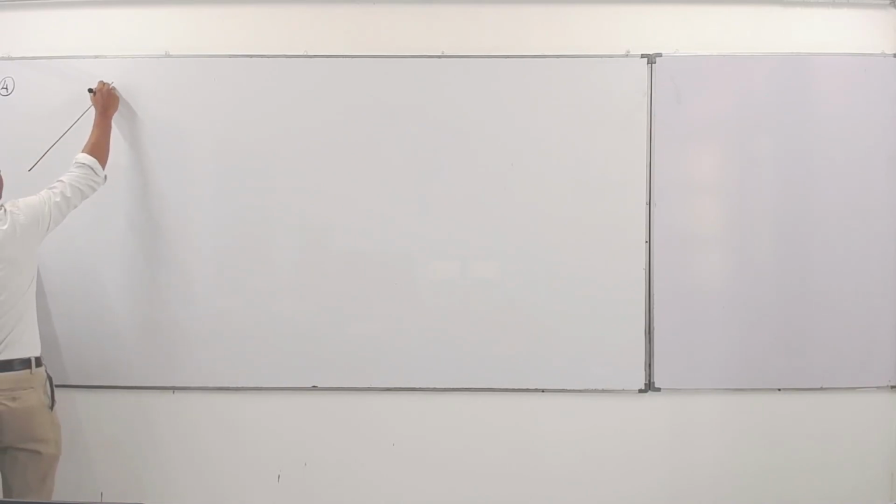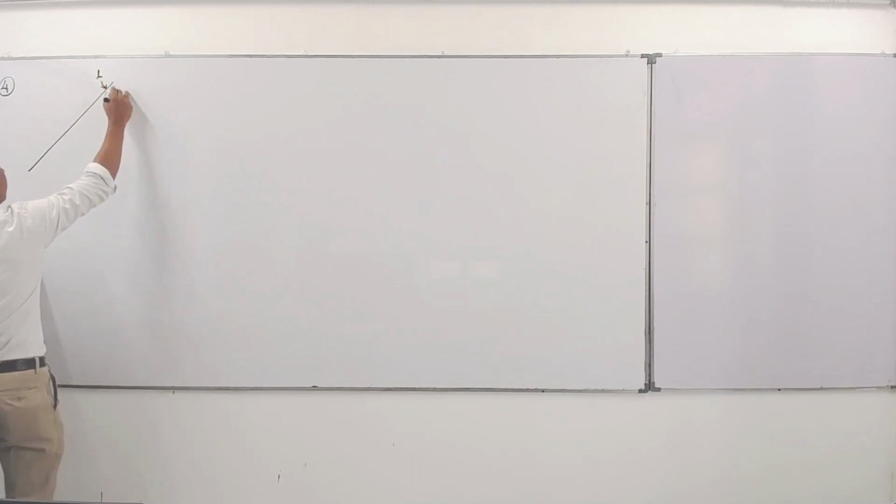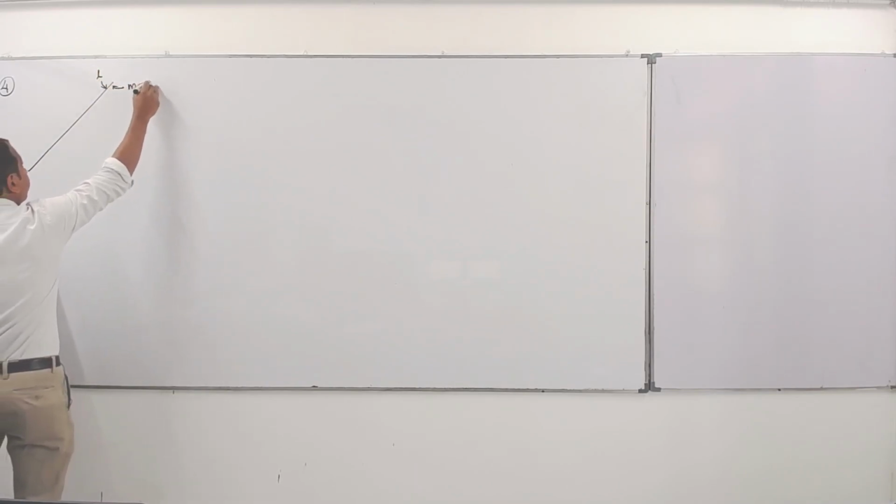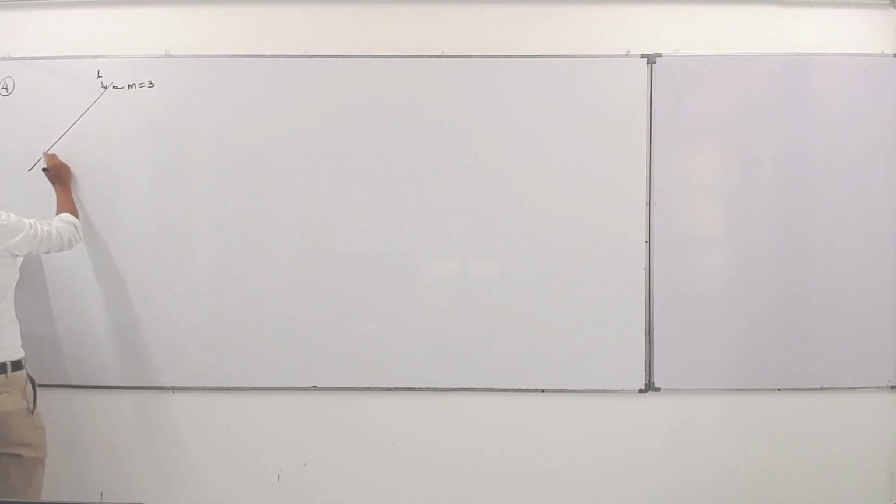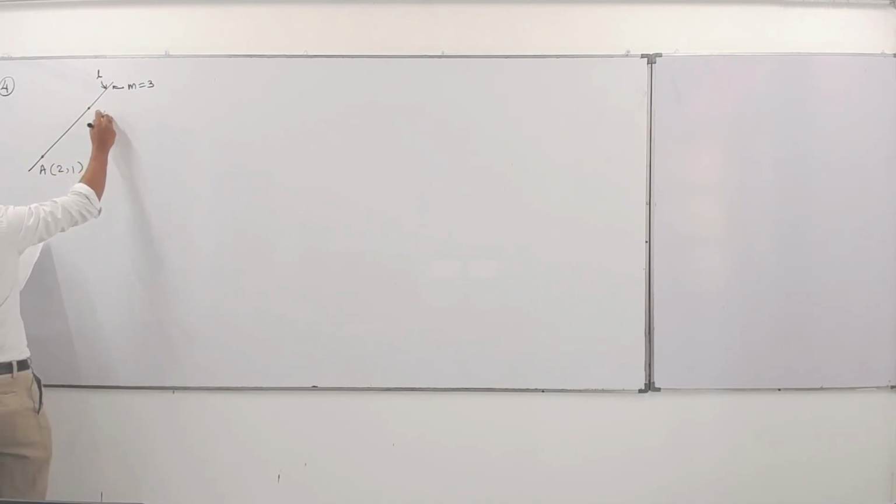Line L is this. Its gradient is 3. Point A is (2, 1). It is on the line. B here, (x bar, y bar). The length between A and B is going to be 3 root 10.